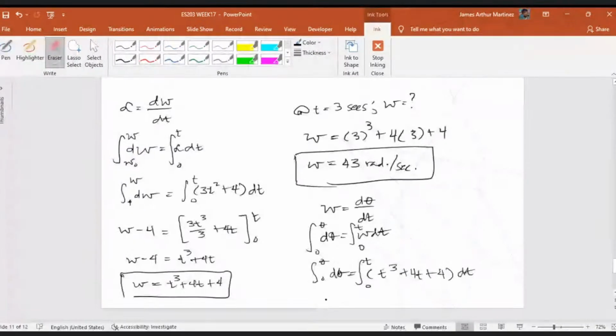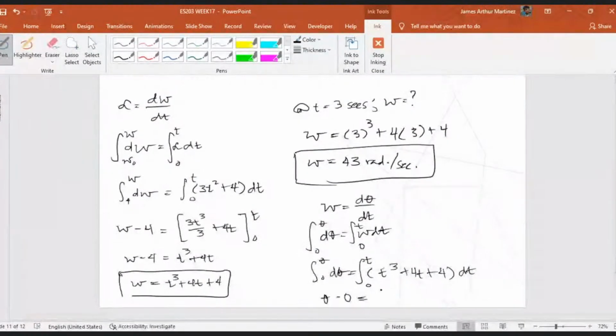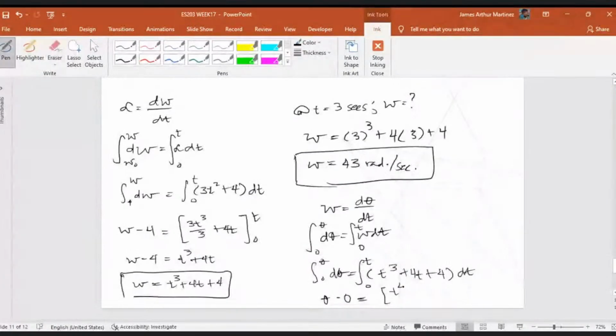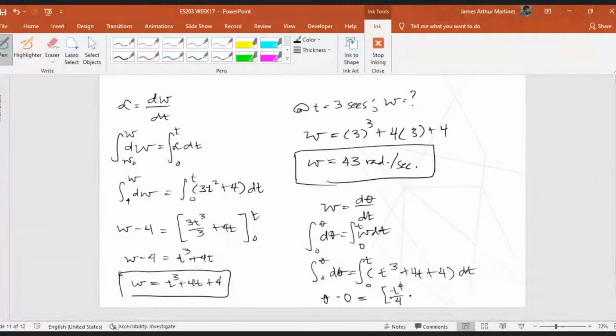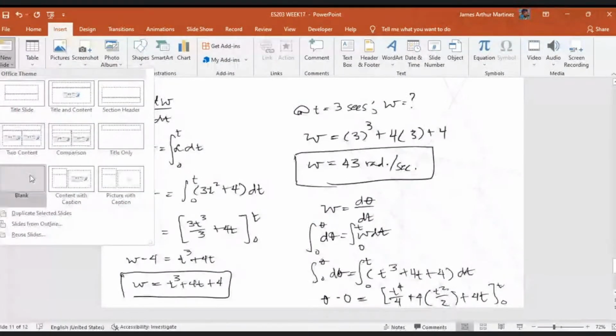we'll have this equation, theta minus 0 is equal to t fourth over 4 plus 4 times t squared over 2 plus 4t from 0 to t. So the whole expression would just be equal to 0 at the lower limits. Therefore, the resulting equation now would be, let me just add another slide.